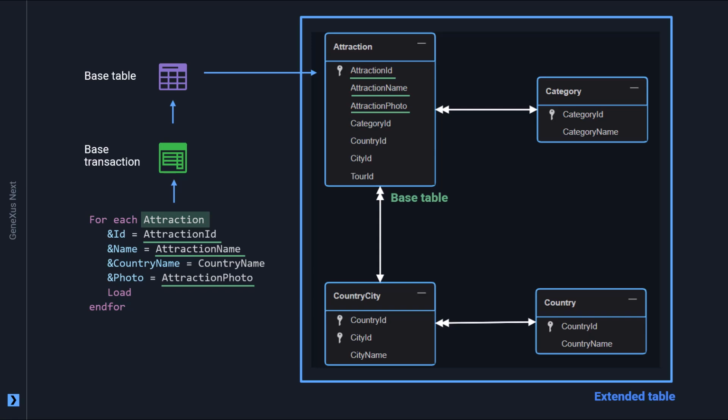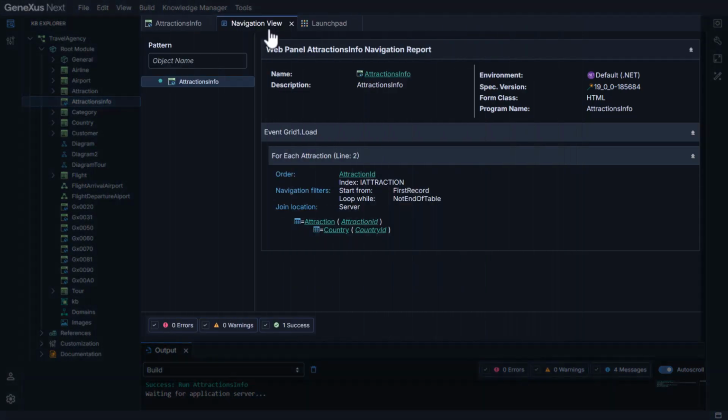That is, the table that will be run through record by record. And we also have country name, attribute of the extended table. So the country table must also be accessed to retrieve it. Therefore, the attraction table is run through and the country table is accessed. That's why only these two tables appear in the navigation list of the extended table.